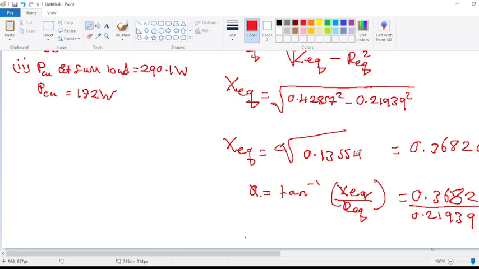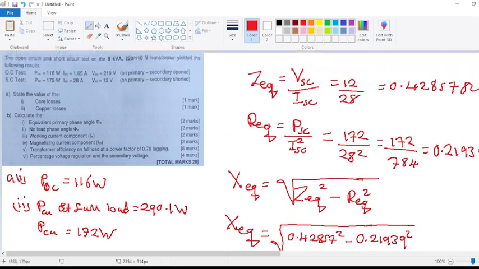So the answer that you're going to find for the equivalent angle here is 59.2 degrees. So this is the equivalent angle on the primary side, the equivalent primary phase angle.